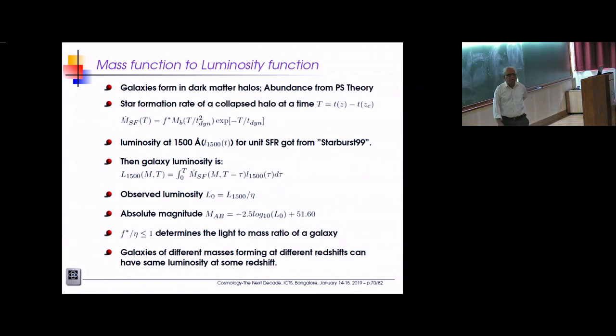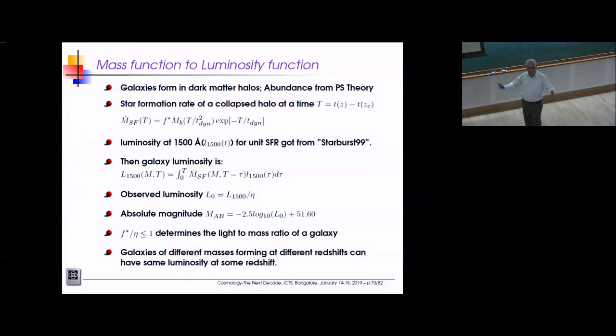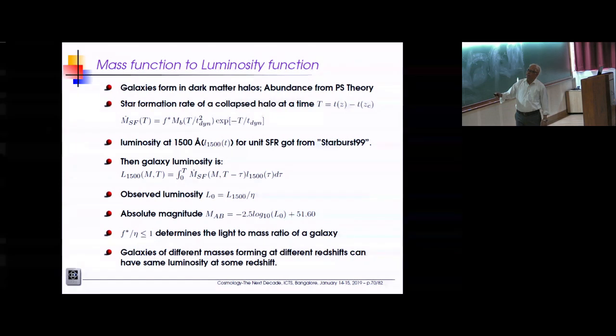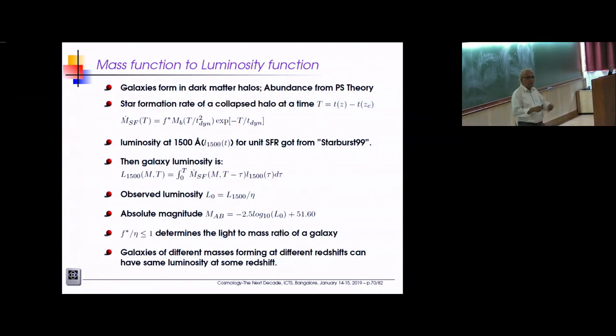Later, Shomadip tried to model this much better by putting in accretion rate, etc. But to begin with, we just started with a simple model. And a fraction of the baryons got converted into stars, which is this f star. And the Lyman break observations are all at something like 1,500 angstrom. So we need the luminosity at this wavelength, and that is got from a publicly available code called Starburst 99, which, if you're interested, there are many of them available.